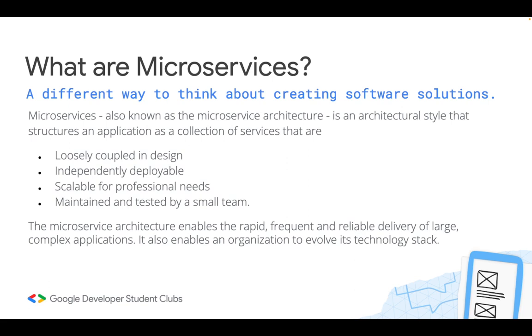Because it's a small service, it can easily be reused, scaled, tested, and maintained by a small amount of people rather than a lot of people working on one large monolithic code base. You have a series of different microservices that communicate with each other and sometimes share resources.